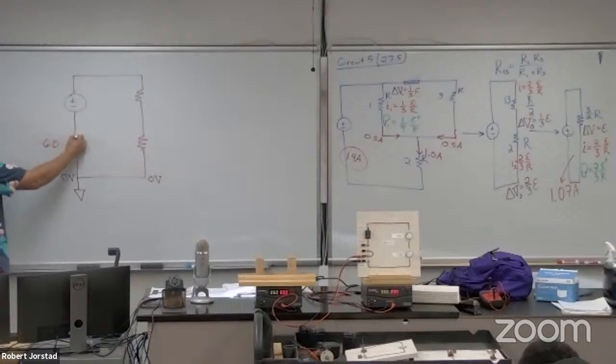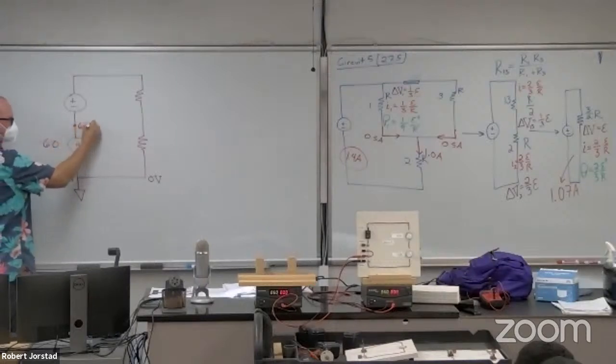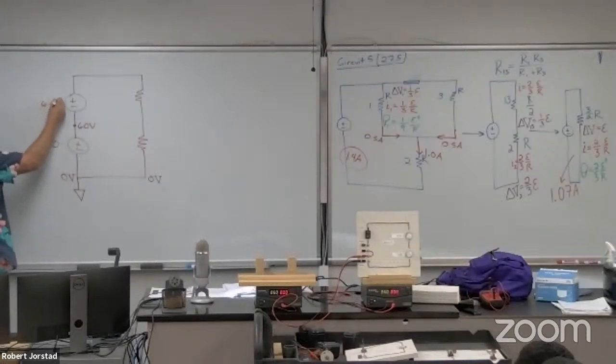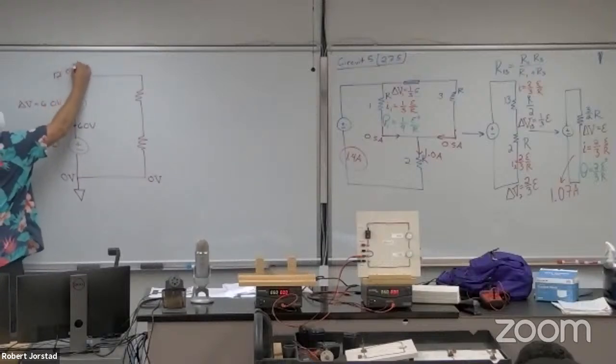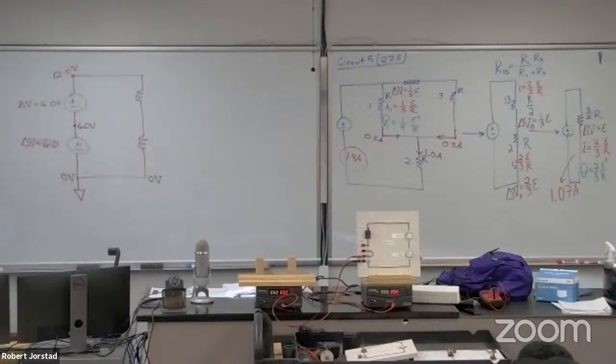So once I get to this spot, the voltage is 6. This one's also 6.0 for a delta V. What's the voltage at the top? What is it? 12. So the idea here is, this is why I've been using delta V's all along. This battery changes the voltage level in the circuit by 6.